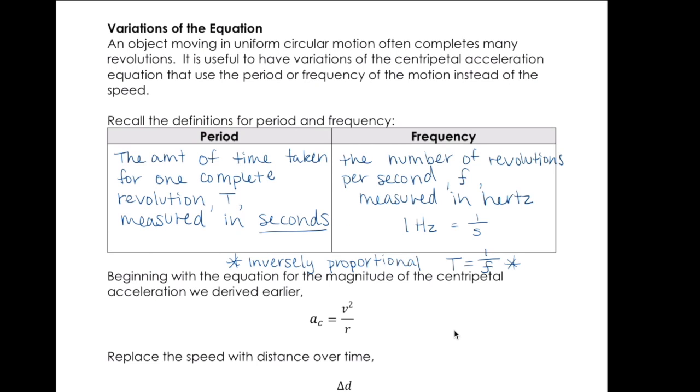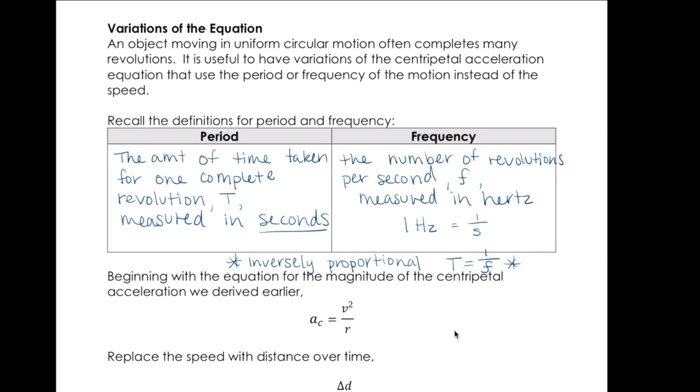So there are variations to the centripetal acceleration equation, right? Just as a review from physical science, if you did talk about this there, there are two different terms we can use to describe the motion in a centripetal path, and that is period and frequency.